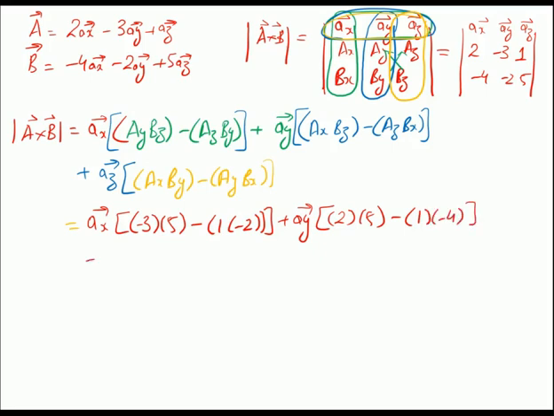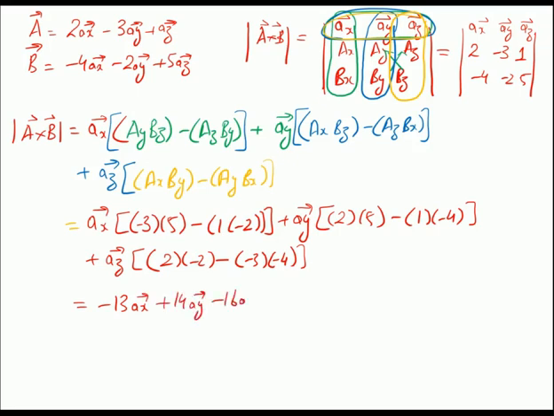Then plus az comes out to be 2 into minus 2 minus minus 3 into minus 4. So now the final answer comes out to be minus 13ax plus 14ay minus 16az.